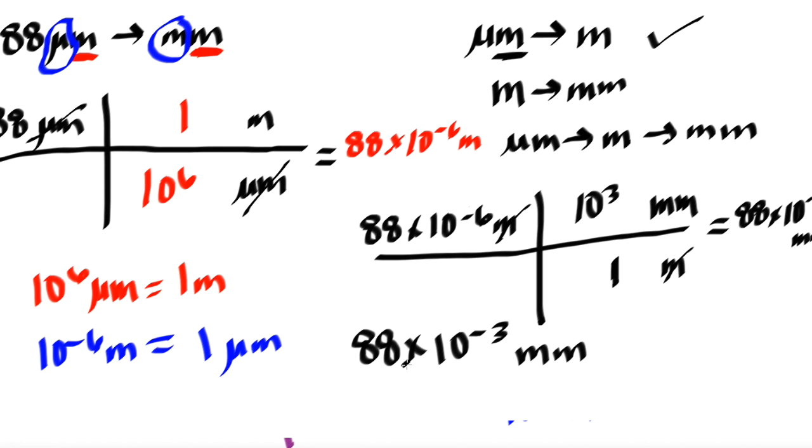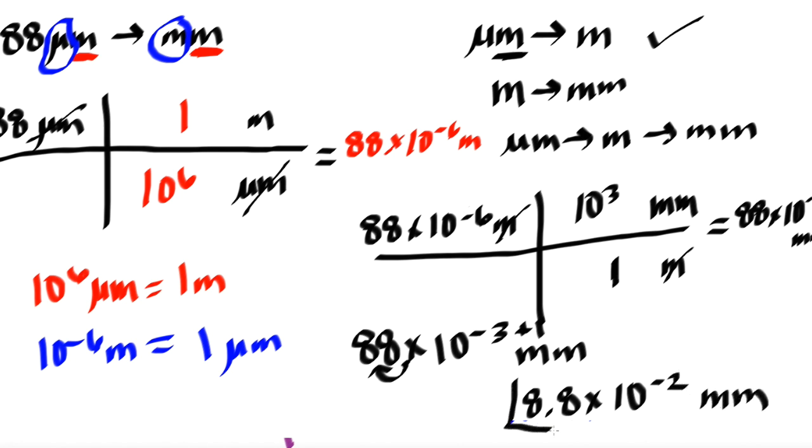We have, remember, 1 line leader, so it needs to go this way 1. So we're going to add 1 here. 8.8 times 10 to the minus 2 millimeters. Plug it into your calculator and check it as well. So that's what I'm about to do, just to double check your math.